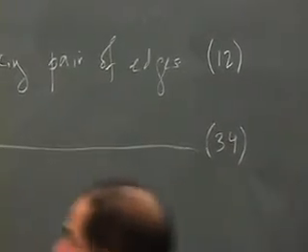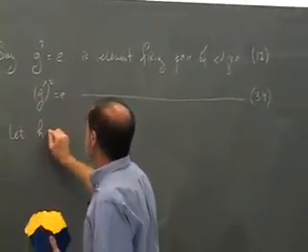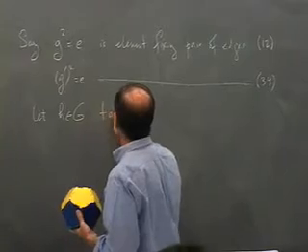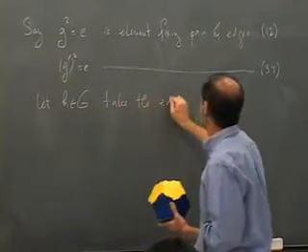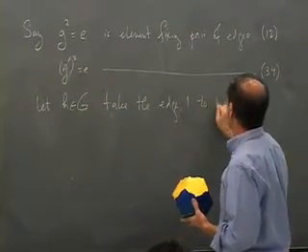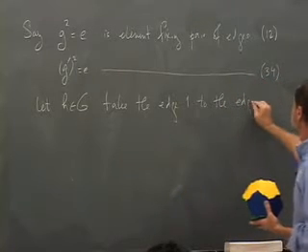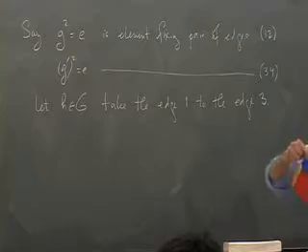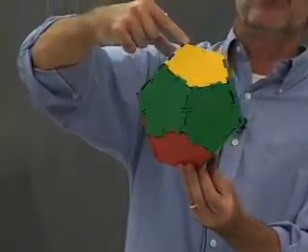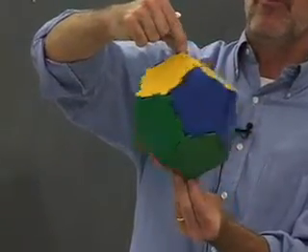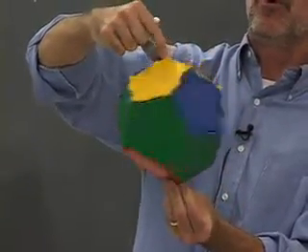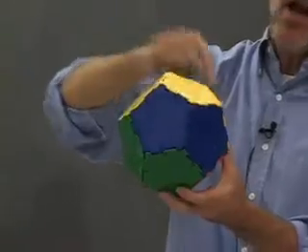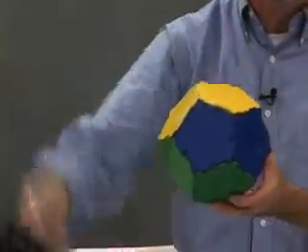Okay? Let H in G take the edge 1 to the edge 3. We know we can do that because the group permutes the edges transitively. For example, these edges happen to be centered around this vertex, so I would just take the rotation of 1/5 the circle that takes those edges. But even any pair of edges can be taken one to another by some rotation.